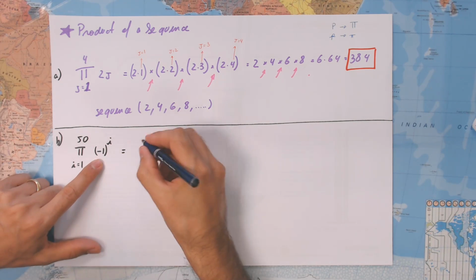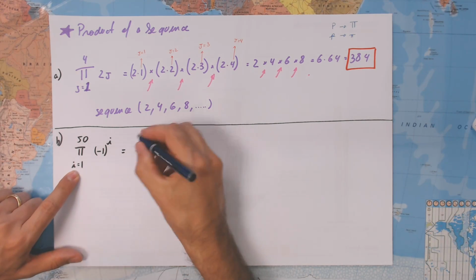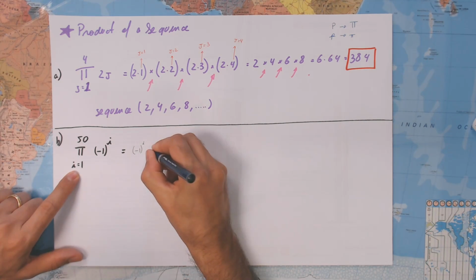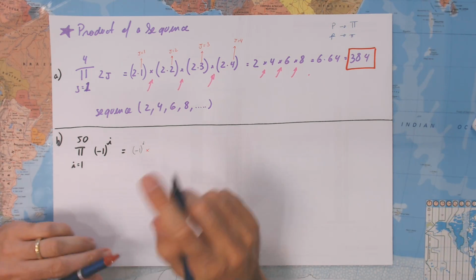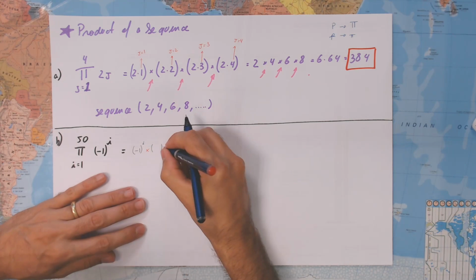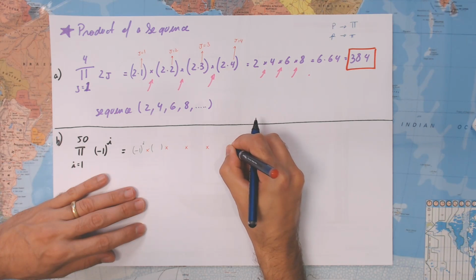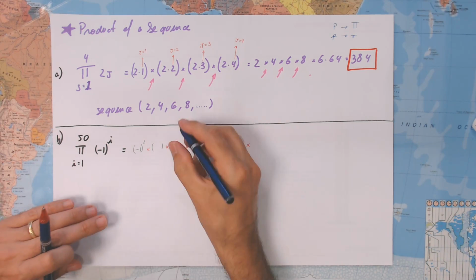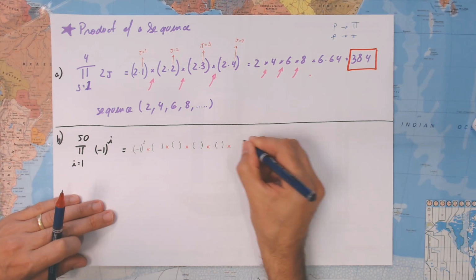Well, minus 1 starts with 1. Minus 1 to the power of 1 times, I'm going to put this, right? Okay, like this. This is each term, right?